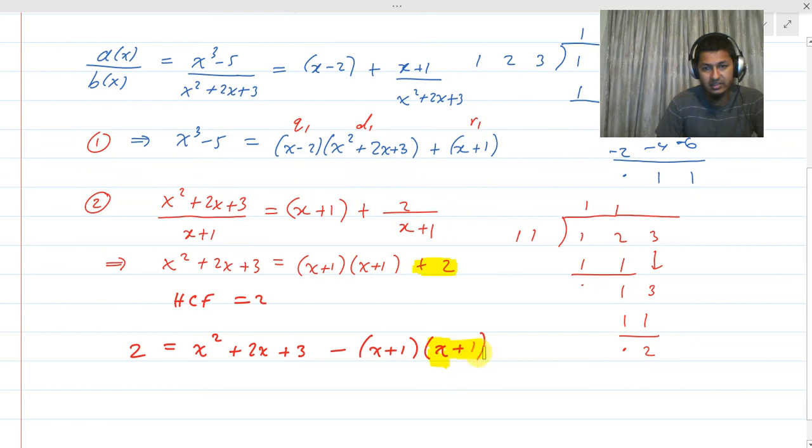Now you can write this remainder in terms of equation 1. So it will become x cubed minus 5 minus x minus 2 into basically quotient 1 times divisor 1.